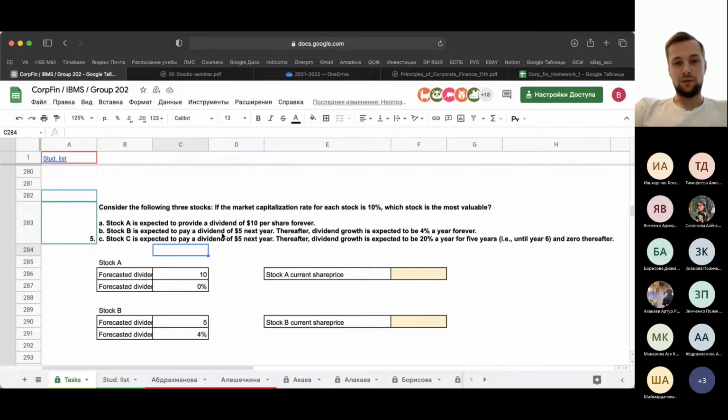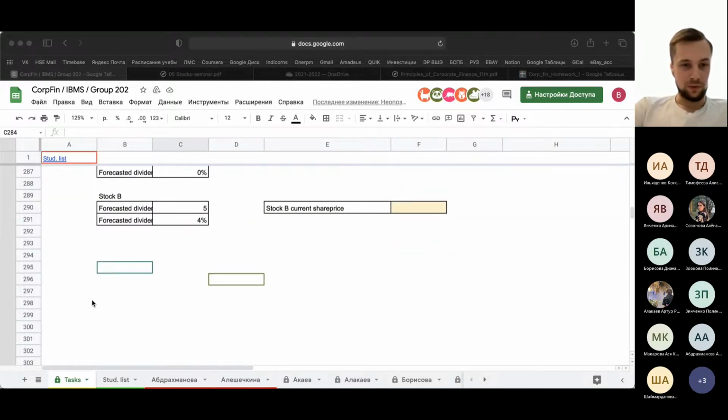Stock B will pay a dividend of $5 next year, but then the dividend will grow forever at 4%. And stock C is expected to pay a dividend of $5 next year, and then the dividend growth is expected to be 20% for 5 years from now until year 6, and then there will be no growth in dividends.